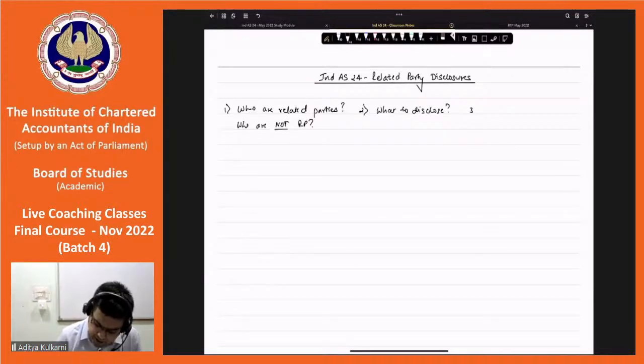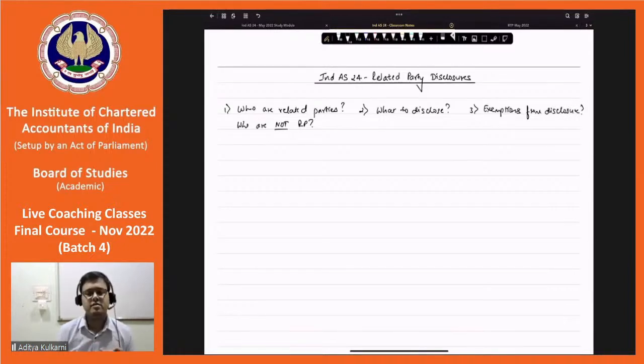And the third one is, are there any exemptions from disclosure? Exemptions from disclosure may take about another 25 to 30 minutes. So these are the three broad categories that we will be dealing with in today's Ind AS 24.